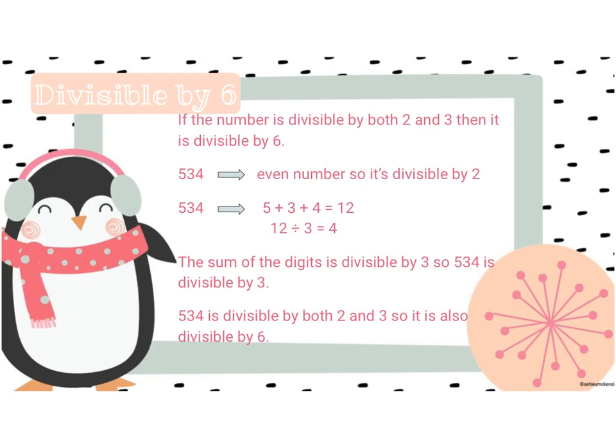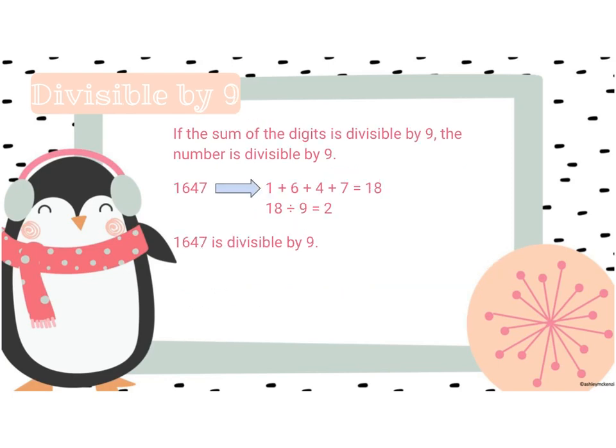If I want to test my theory and see if it's divisible by anything else, I can add up each of these digits. 5 plus 3 plus 4 is 12. Can 12 be divided by 3? Yes. So that means 534 is divisible by 2. It's divisible by 3. And because it's divisible by both of those, it's also divisible by 6. Very good. Thank you.